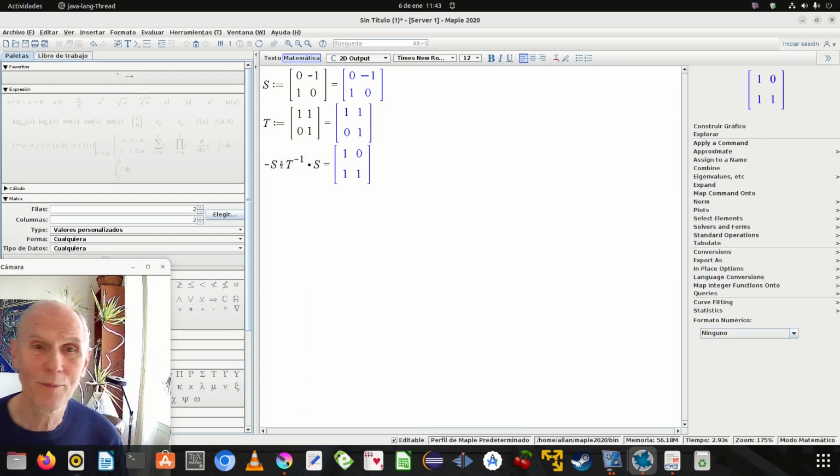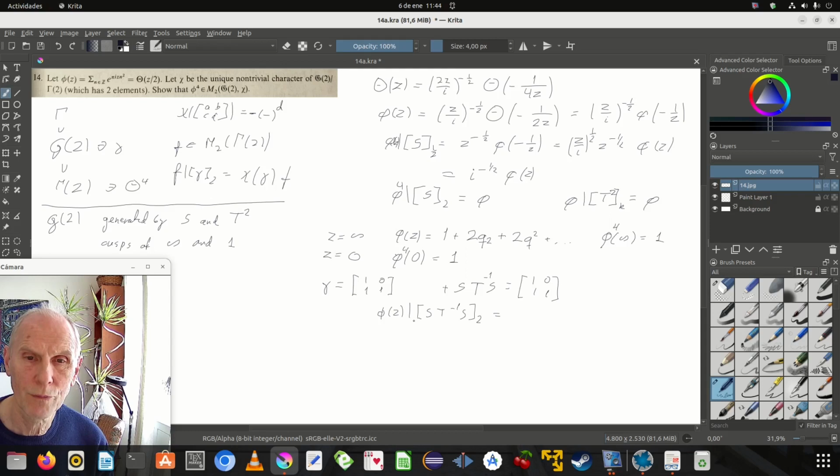There we go. Let's do it to the fourth. We already know it's invariant under S. So we operate with T minus first.